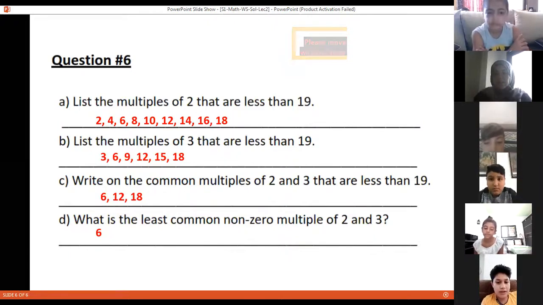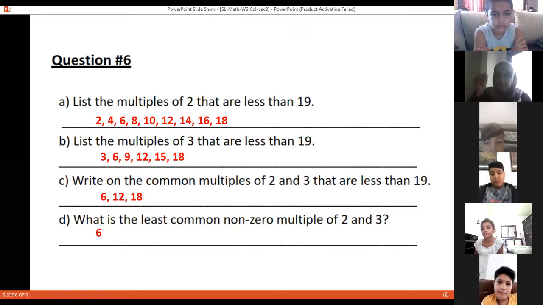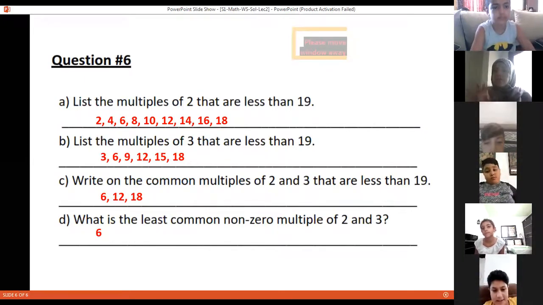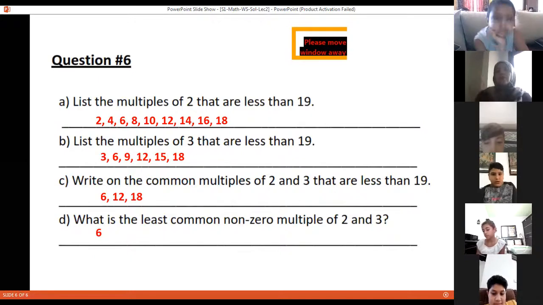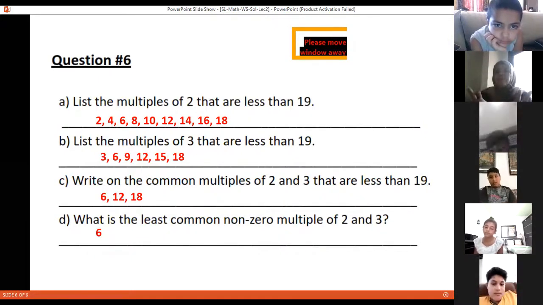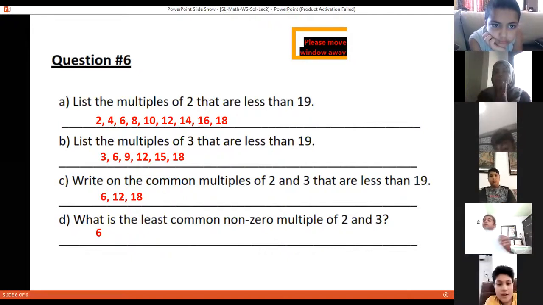Yes, but I didn't print it. I solved it on the phone. Yes, it's okay. But did you understand everything? I don't care if you print the question paper or you write it on a paper or you solve it, okay? What I care about is to understand it.